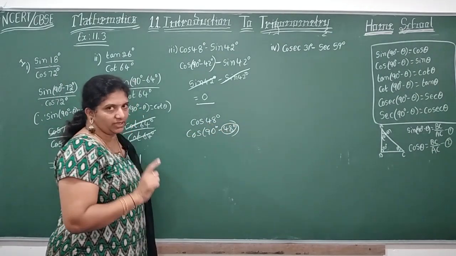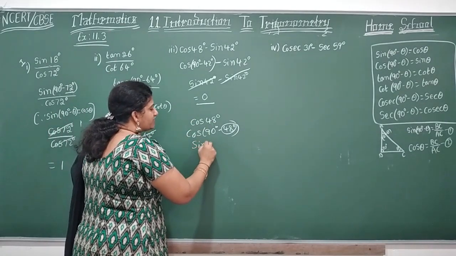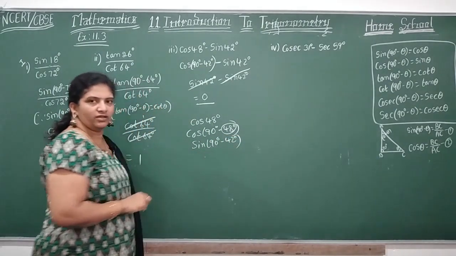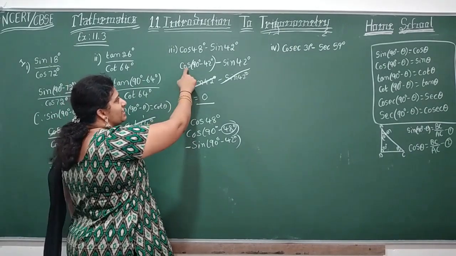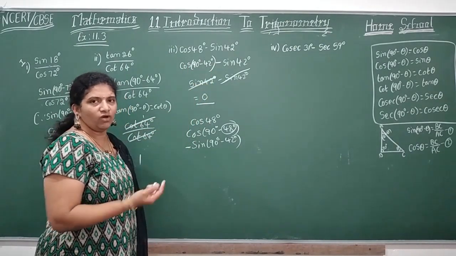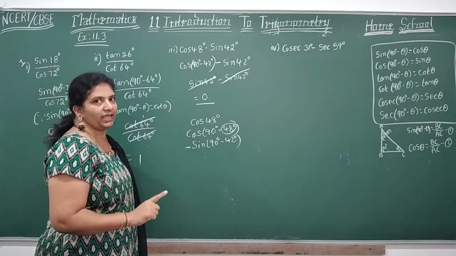Not this value, children. Be careful there. And one more. Here itself, they'll change the sign. 90 minus 42, they'll write. In the second line itself, they'll do this. If you change the sign here, then sine 90 minus theta will be cos theta. Then what have you changed? You didn't change anything.